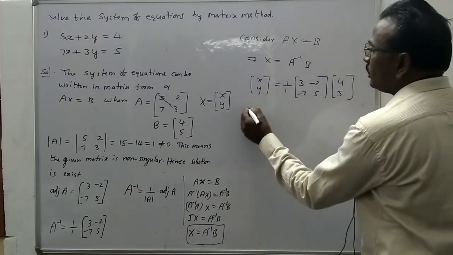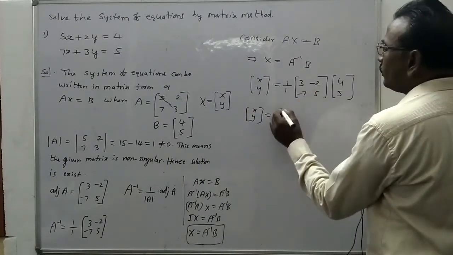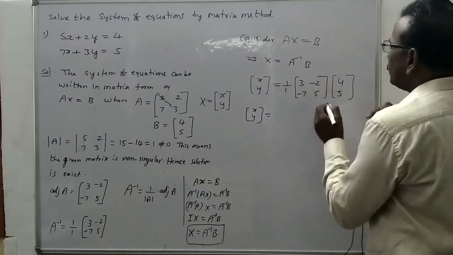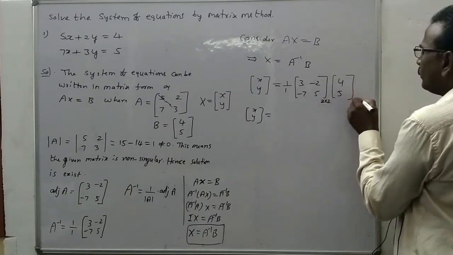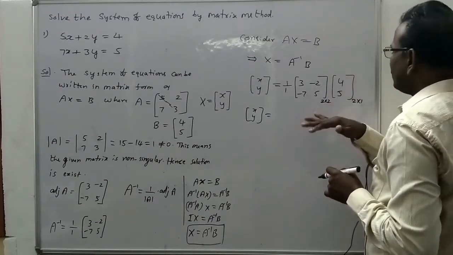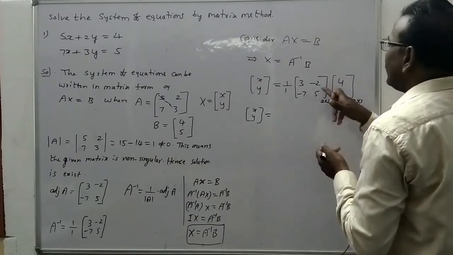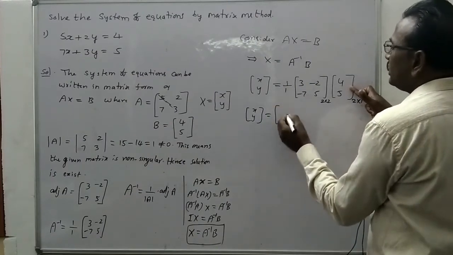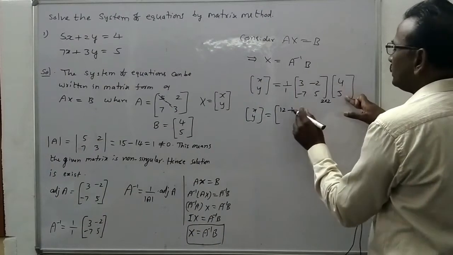So XY is equal to, by matrix multiplication, 1 by 1 value is 1. The order of the first matrix is 2 by 2 and the order of the second matrix is 2 by 1, so multiplication is defined and we obtain a 2 by 1 matrix. First row with first column: 3 fours are 12 plus minus 2 into 5 is minus 10.